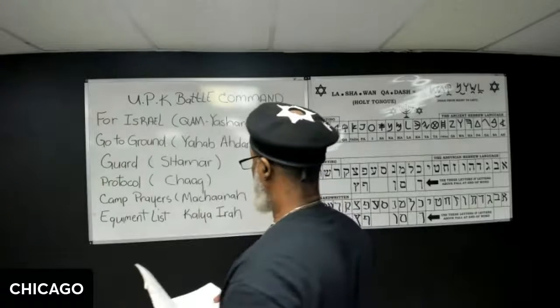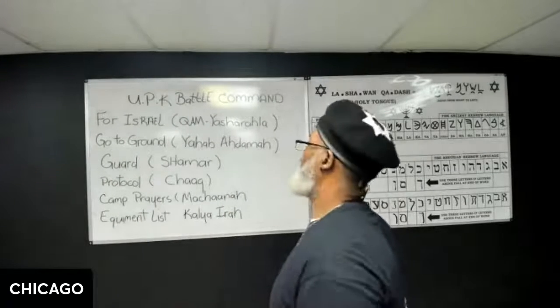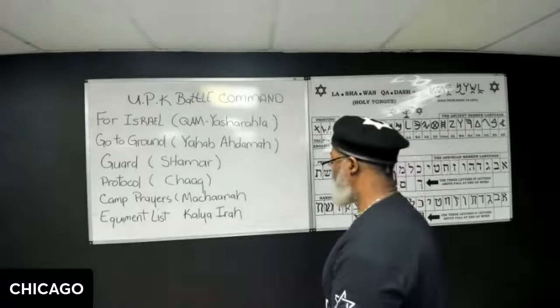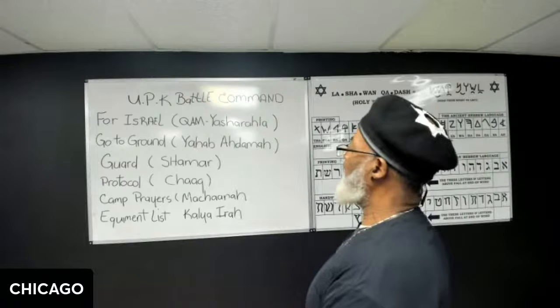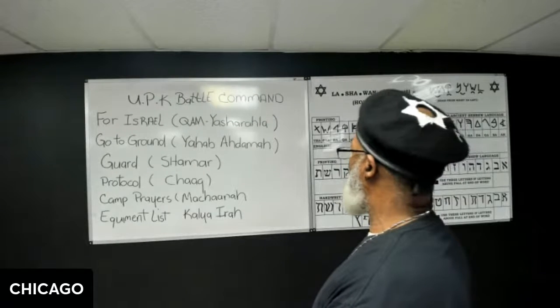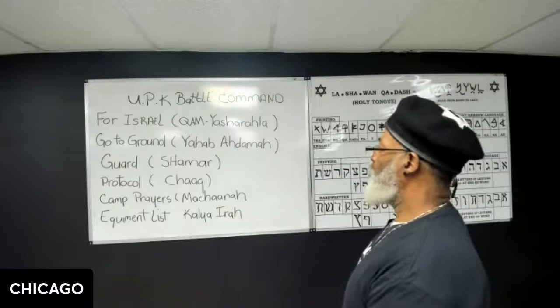These are some of the UPK battle commands. First would be for Israel, Kwam Yasharala. The second would be go to ground, Yahab Adamah. Guard, Shamar.